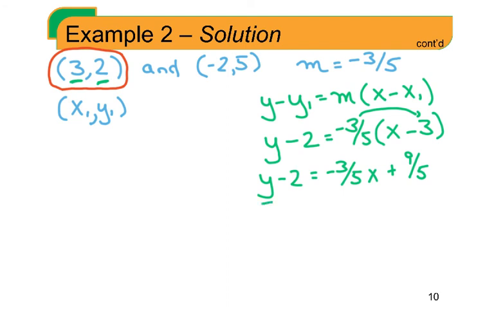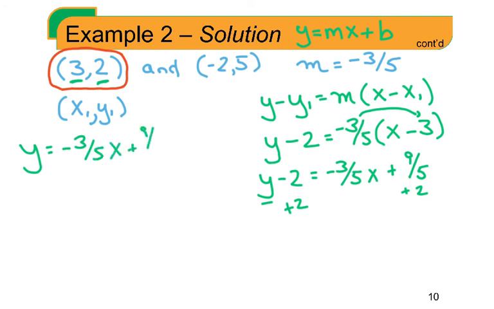Now, I want to leave my final answer in slope-intercept form, so I've got to add 2 to both sides, right? So y equals negative 3/5 x plus 9 over 5 plus 2, which is 10 over 5.